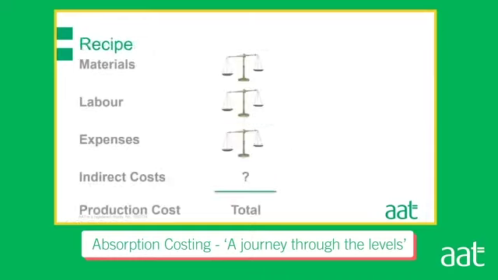So again, that enables me to complete my cost card for my product or my service, those measured prime costs, plus what I've calculated using my allocation, apportionment, reapportionment, and then my method of absorption. I've absorbed in a share of those indirect costs. I've got my production costs. I can now make my decision.